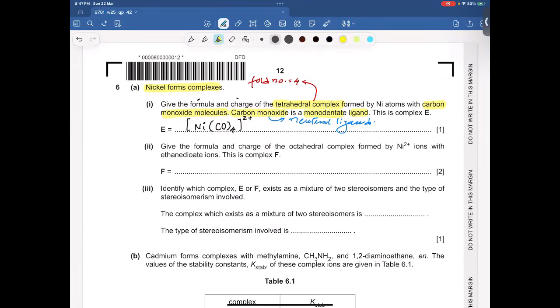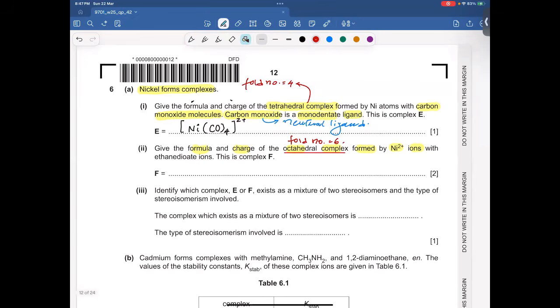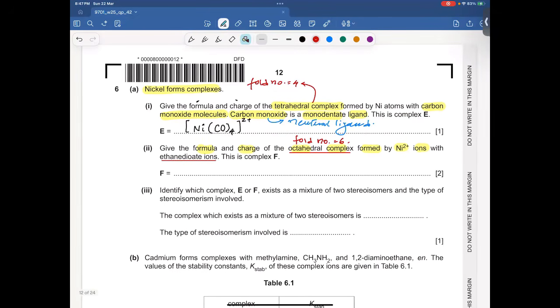Okay. Now the next part is: give the formula and charge of the octahedral complex formed by nickel 2 ions. So when we say octahedral, it means its fold number is 6. 6 dative bonds are formed between the nickel ion and the ligand. And this time the ligand is the ethanedioate ion.